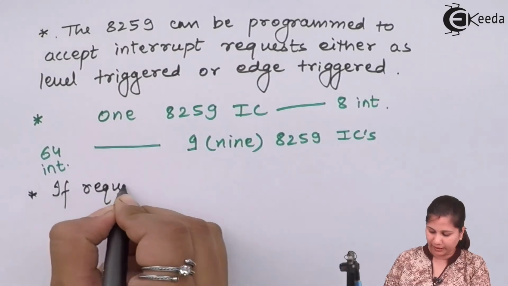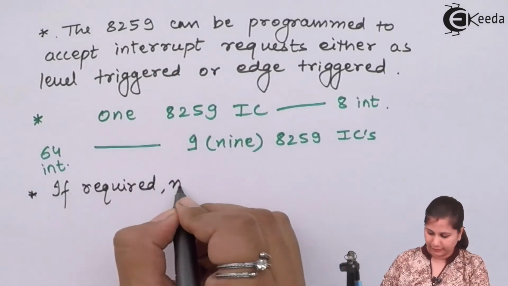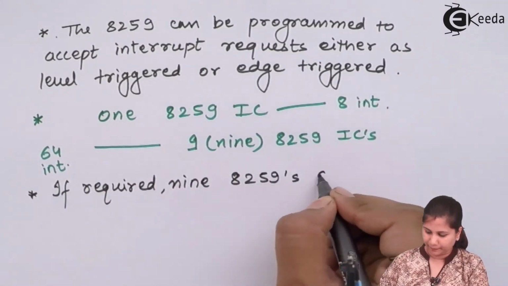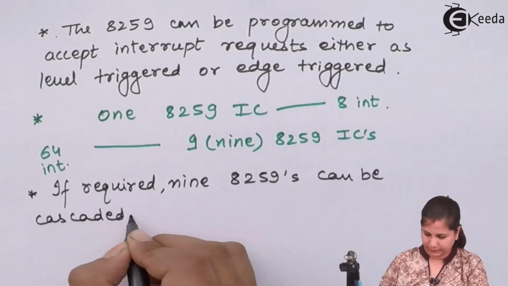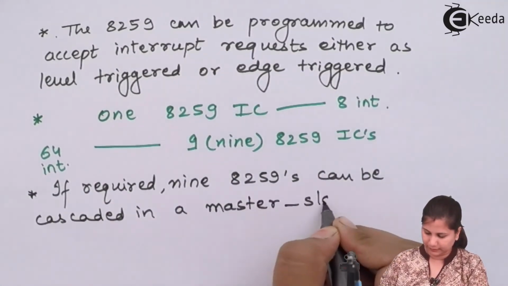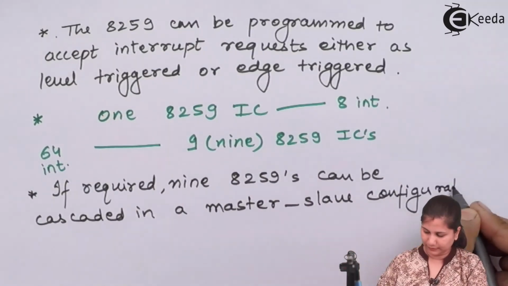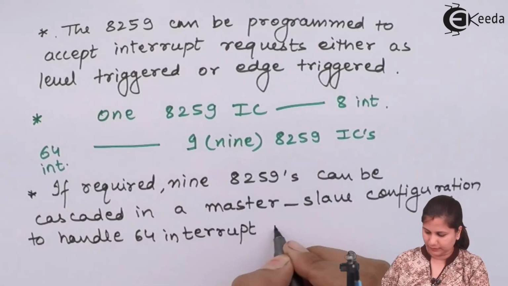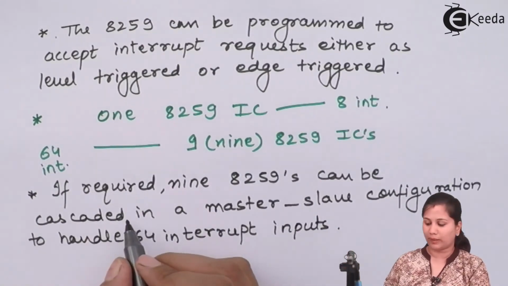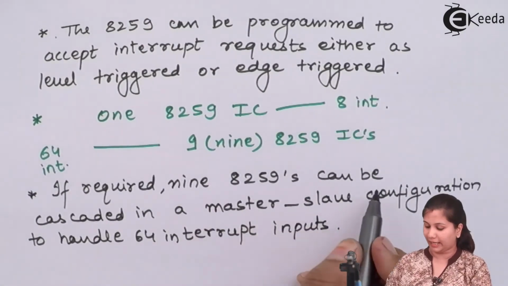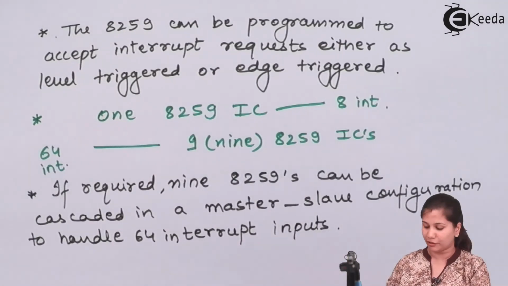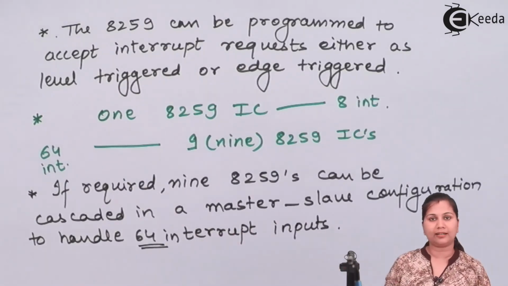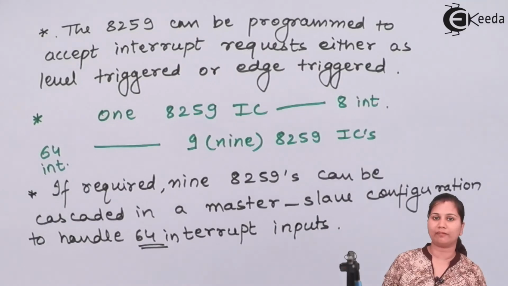So if required, 9 8259 ICs can be cascaded in a master slave configuration to handle 64 interrupt inputs. And in this configuration, 8 ICs will act as slave ICs and 1 will act as the master IC.